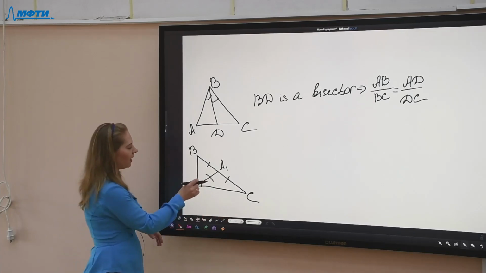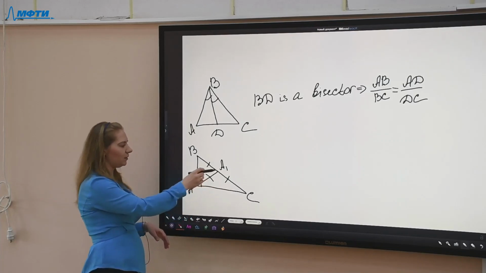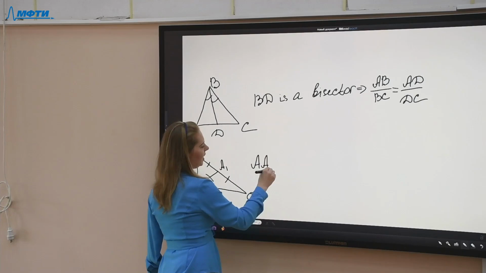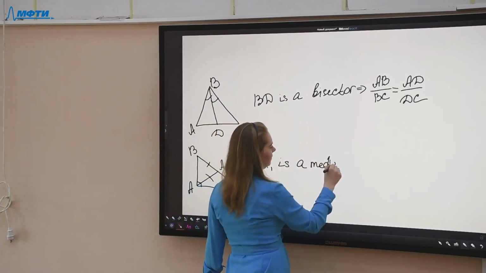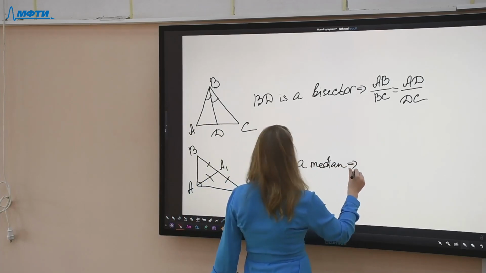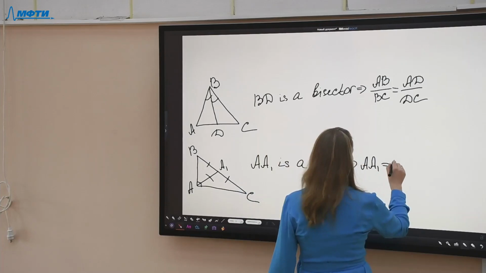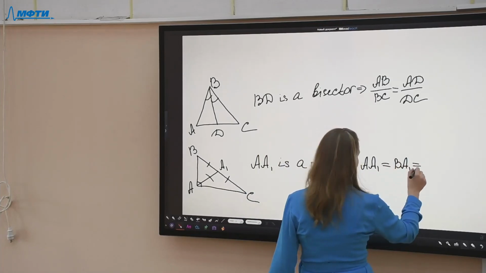So we can write that BA1 is equal to A1C and is equal to A1A. So A1A is a median, so AA1 is BA1 and it is A1C.